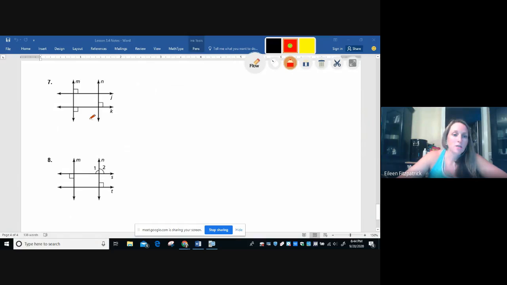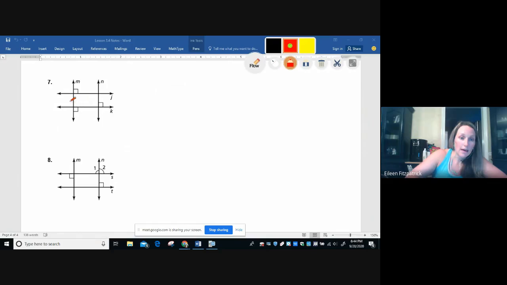Okay. So for this next one, I see that M is perpendicular to both J and K. I also see that K is perpendicular to both L and N. So we actually have 2 sets of parallel lines.